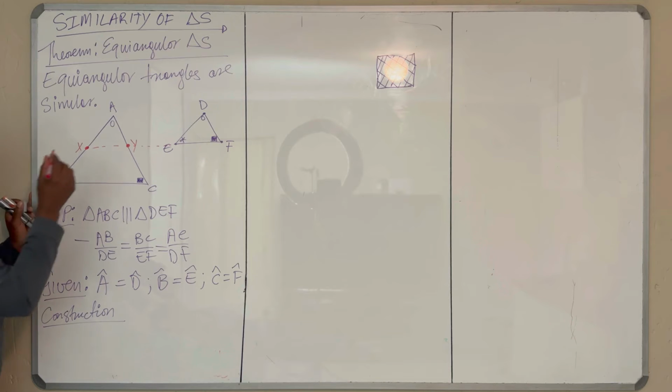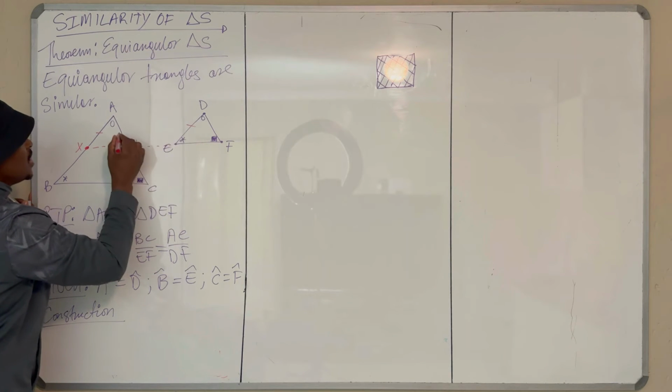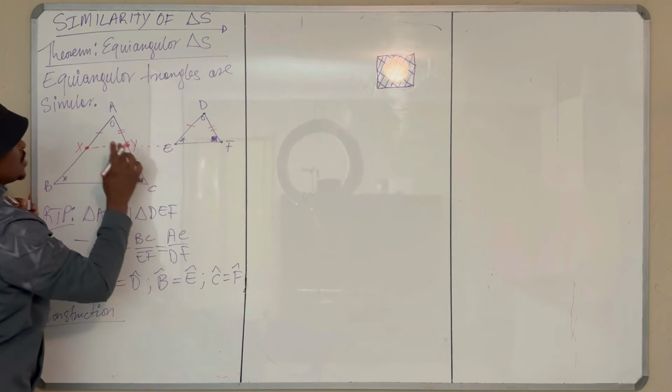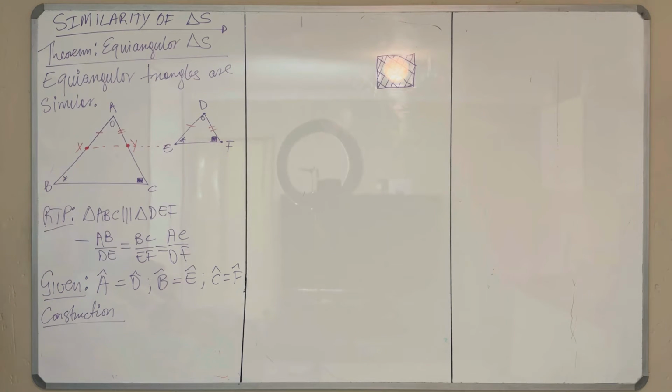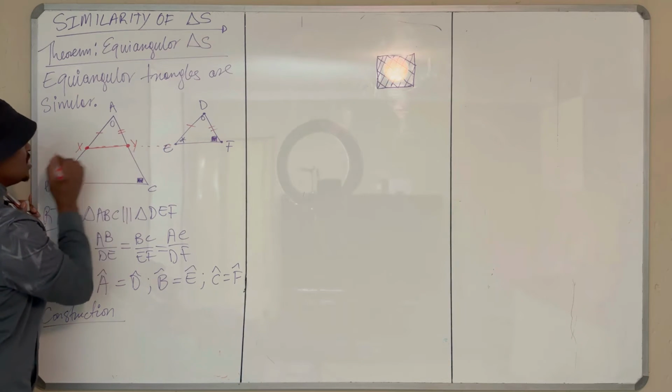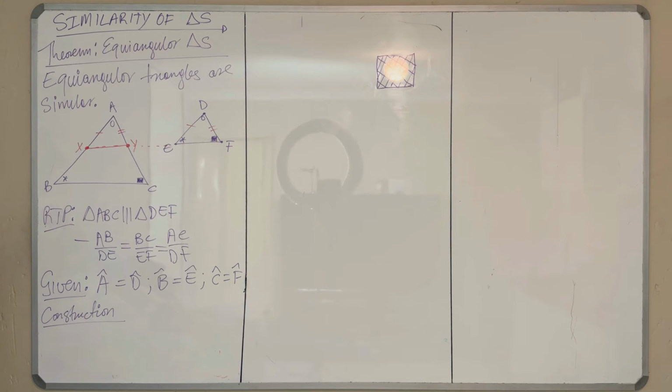This one is equal to that, and this one is equal to that one. Can you see that these angles are equal? So it's going to sit nicely like this here. And then after that, we're going to join these two. That's our construction.